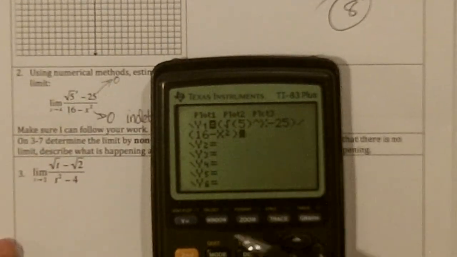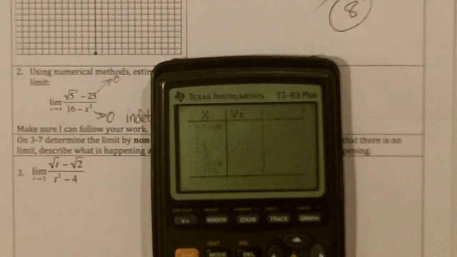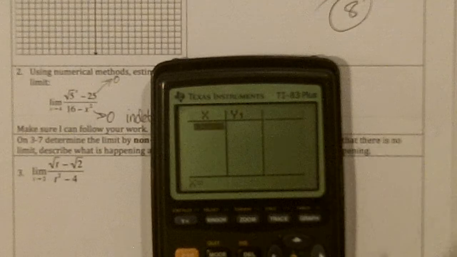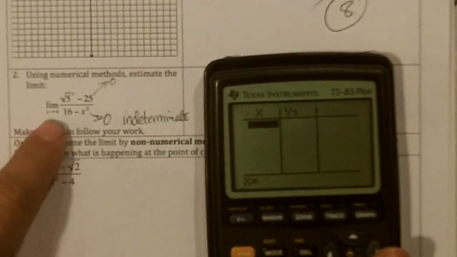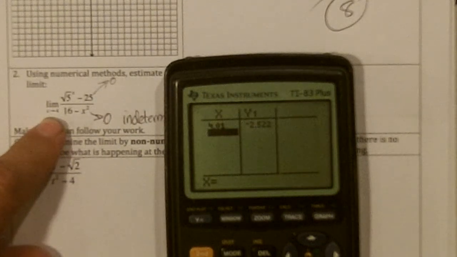Since I got it in y1, I can go to my table, second graph, and I can delete all the numbers that are in my x, and I want to check around 4. So if I put 4.01, that's close to 4, and I get negative 2.55.